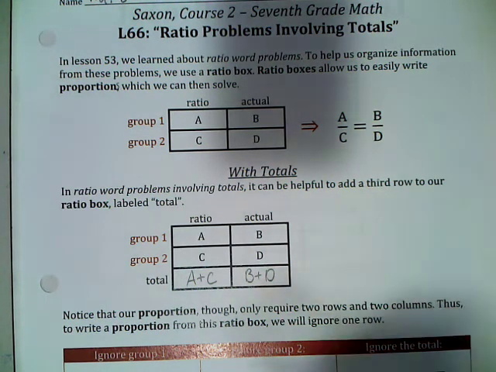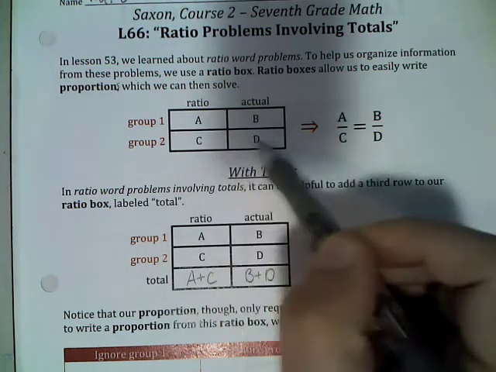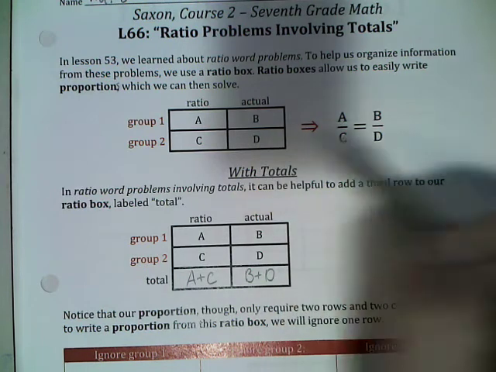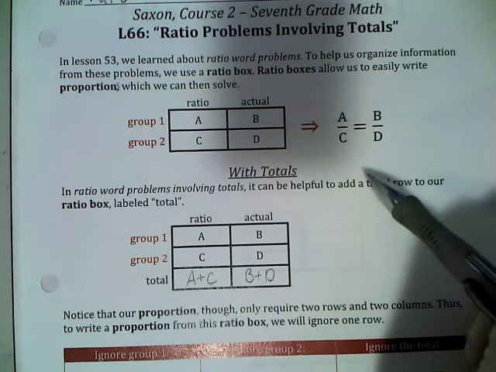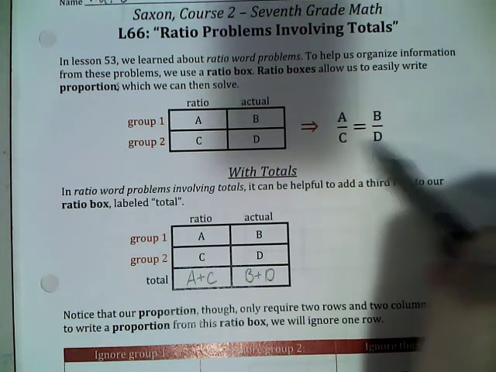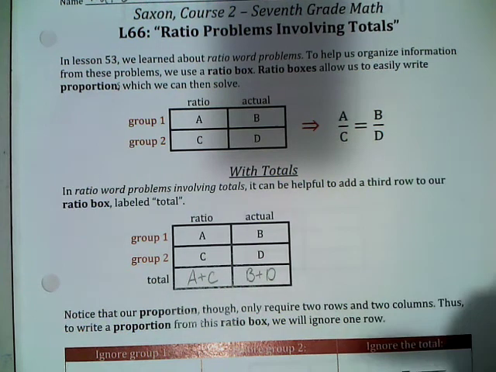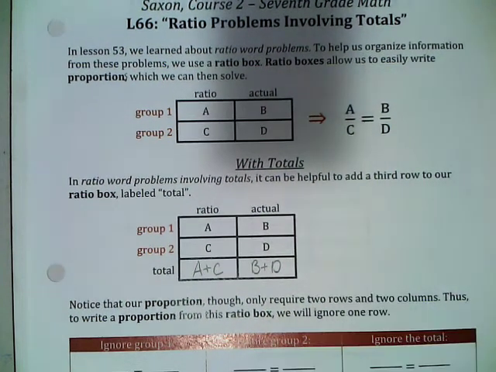The thing though is if we go back to the original, it had two rows and two columns, which very easily turned into two fractions. The first row became the numerators, second row was the denominators, first column is one fraction, second column is another fraction. Well, down here, I've got three rows, but two columns.